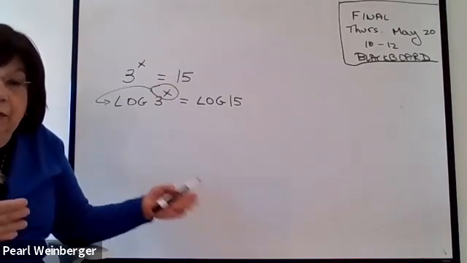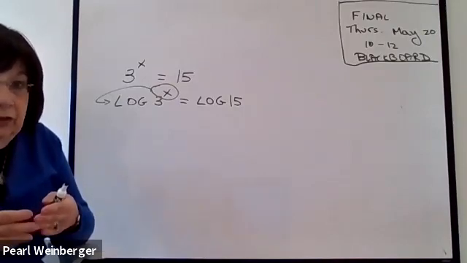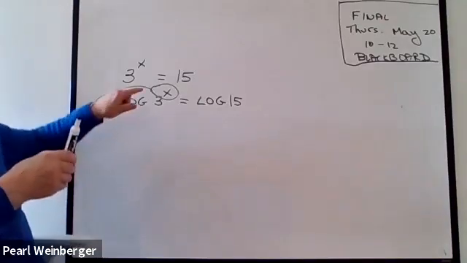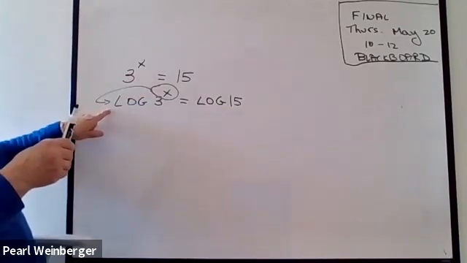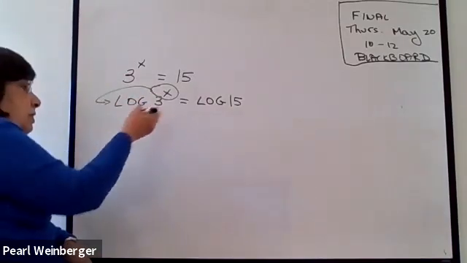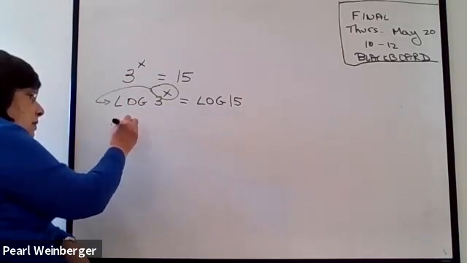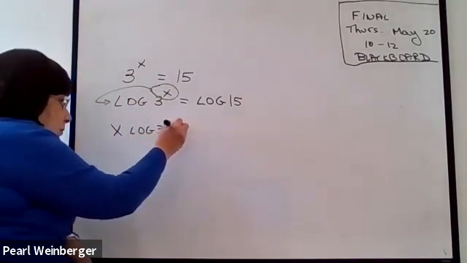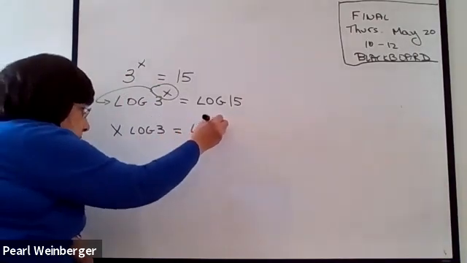When you're dividing numbers, you subtract the logs. And when you have an exponent, that exponent becomes your coefficient. So this then becomes x times log 3 equals log 15.